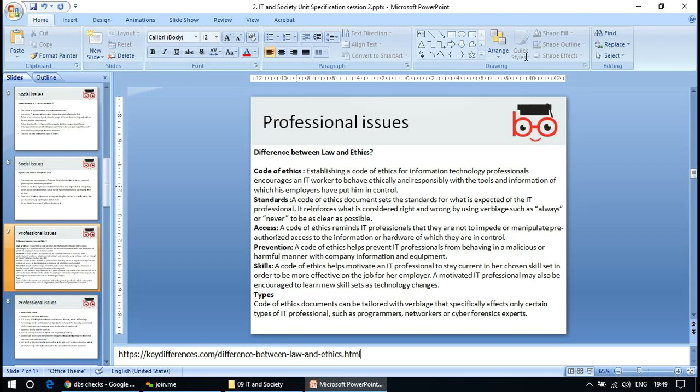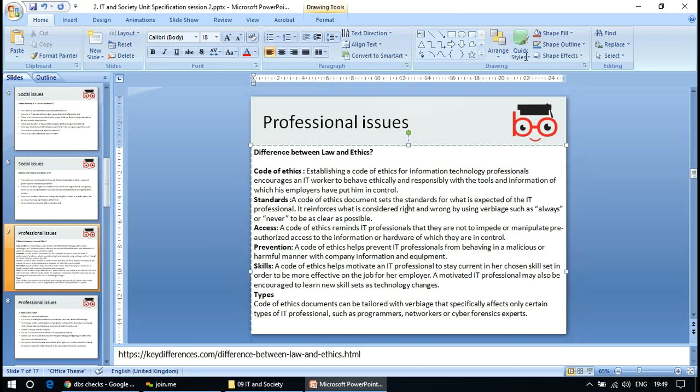It reinforces what is considered right and wrong by using verbiage such as always or never to be as clear as possible. Like I said, you should know whether you can do it or you cannot do it. It should be very clear.